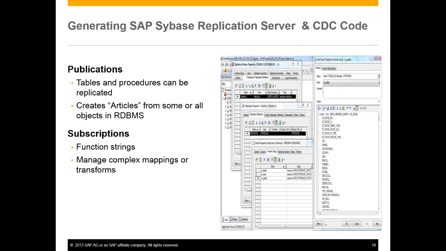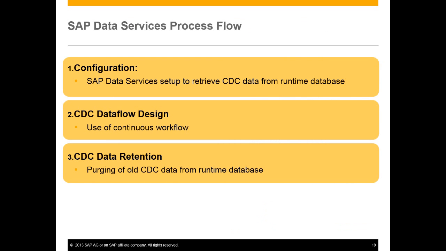Can you go to slide number 19? On slide number 19, remember, we are combining both Rep Server and data services in one solution. The previous slides told you how to configure the replication server side, and these are the steps you have to do on the data services side.